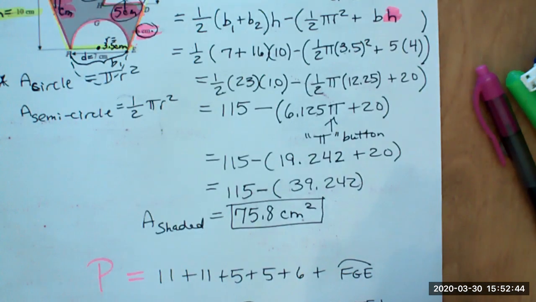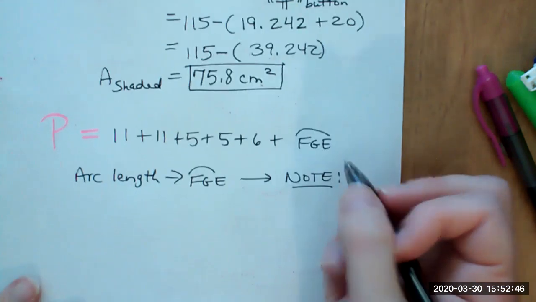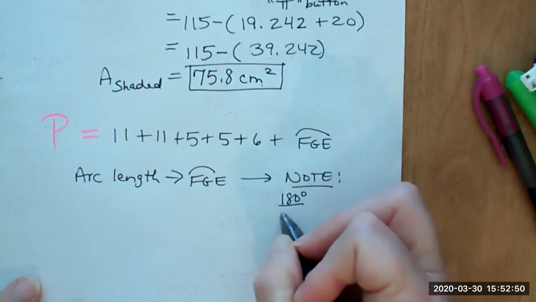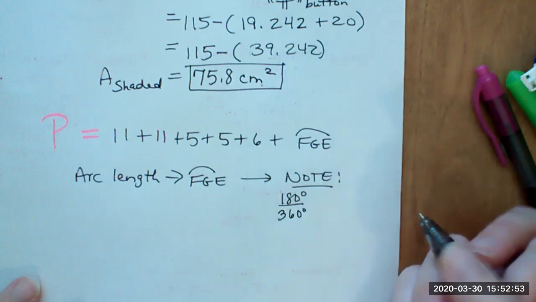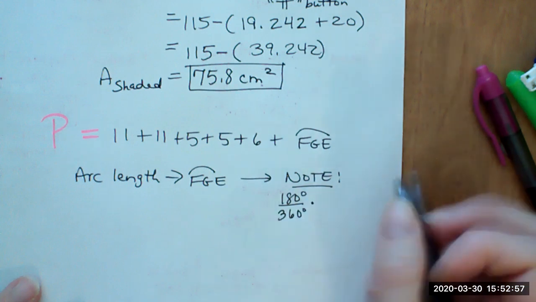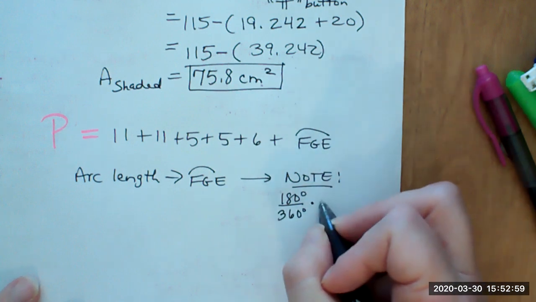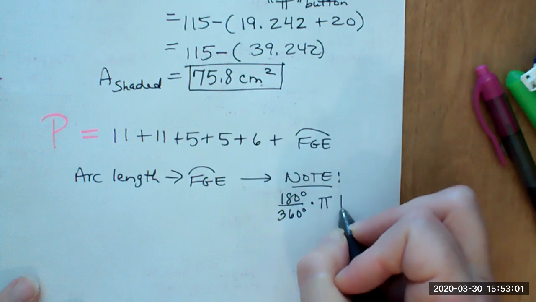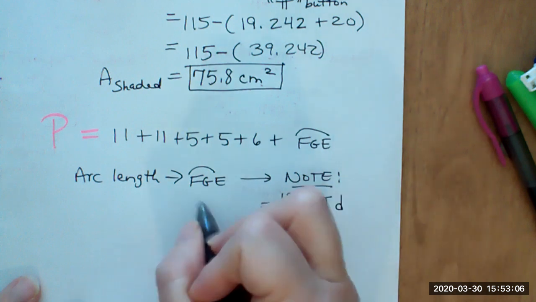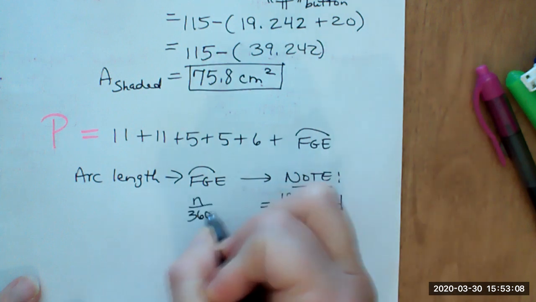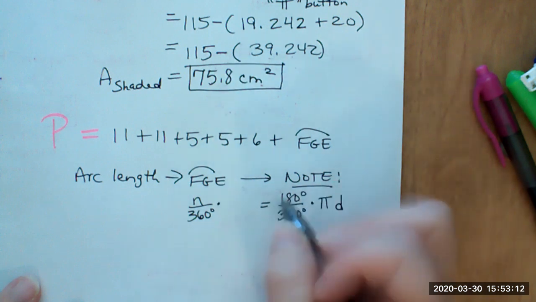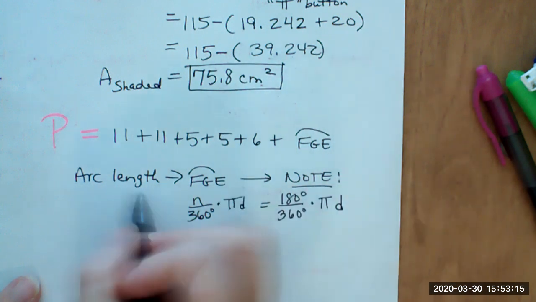You wouldn't have to really do all this work, but just to relate it to what we've done before, we're basically taking 180 degrees out of 360 and times the circumference of the circle, which is pi times the diameter, okay? Remember the formula from topic 10, n over 360 degrees, we either had times pi d or times 2 pi r, and that gave us arc length, okay?